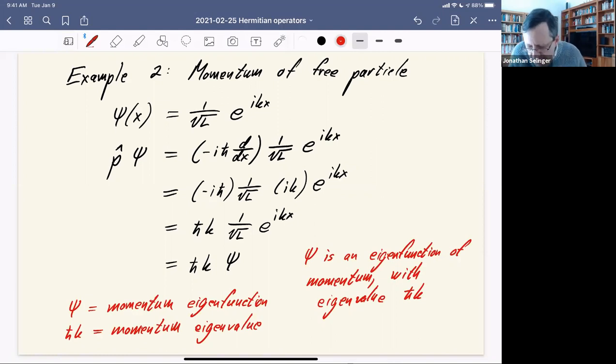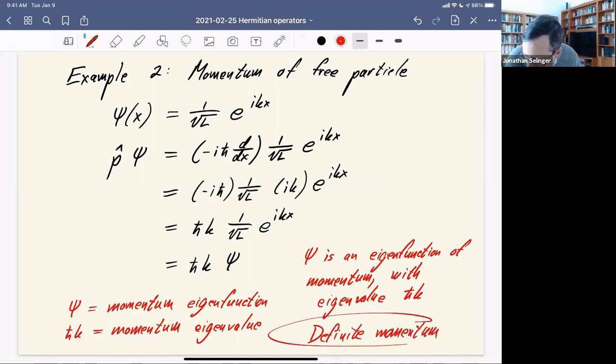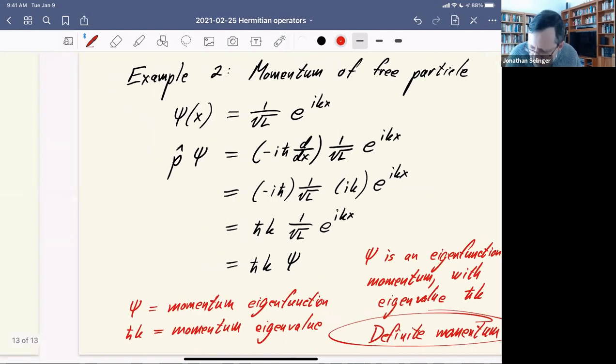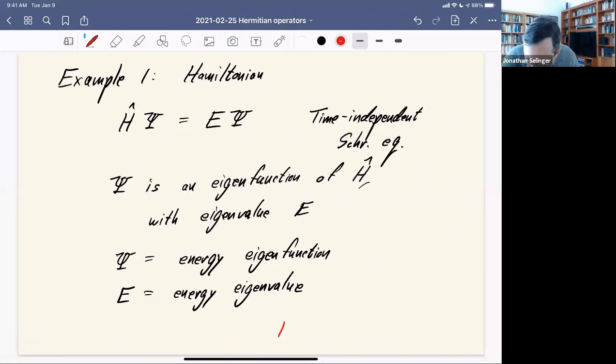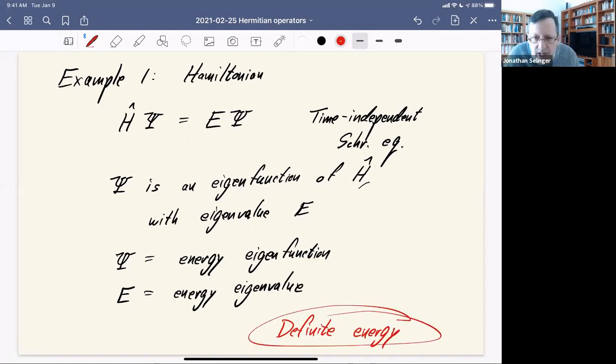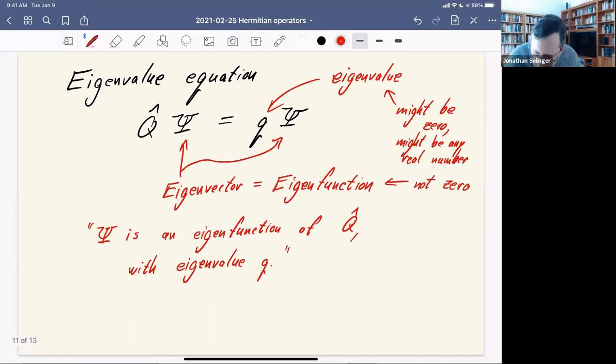So this then is a state that has a definite value of the momentum, the same way that back in my example 1, there's a definite energy. And back in the general thing, we would say there is a definite Q, whatever Q might be.